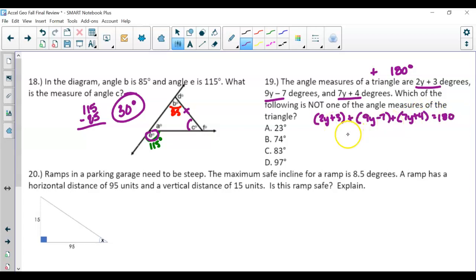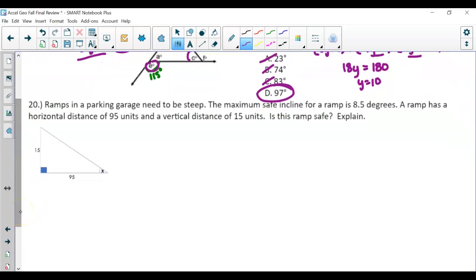So here you get 18y is equal to 180. You get y is equal to 10. So after plugging in, 23 is an angle, 74 degrees is an angle here, and 83 degrees is an angle here. So that's why the answer is D.